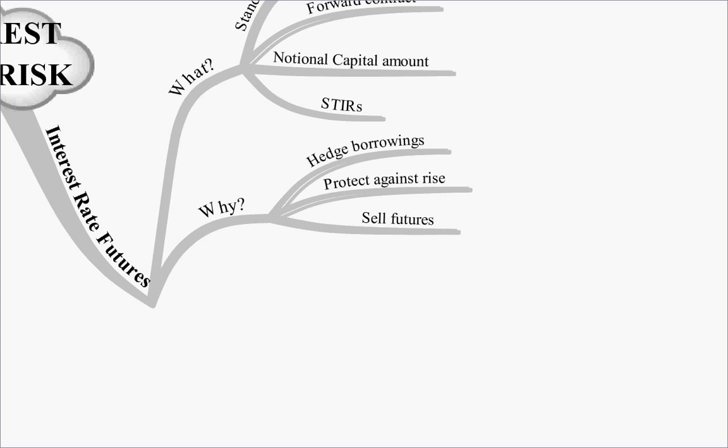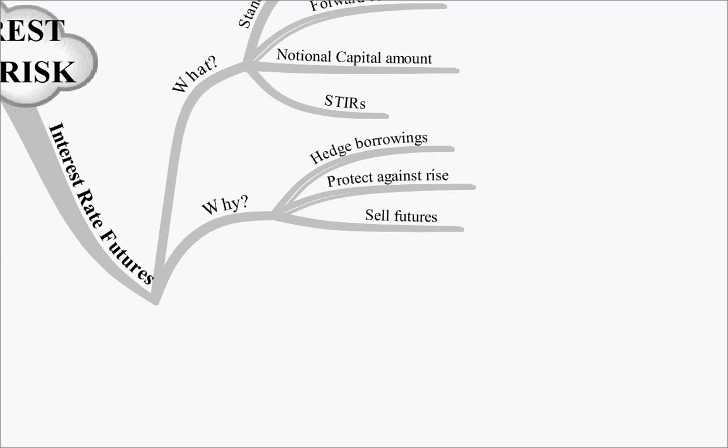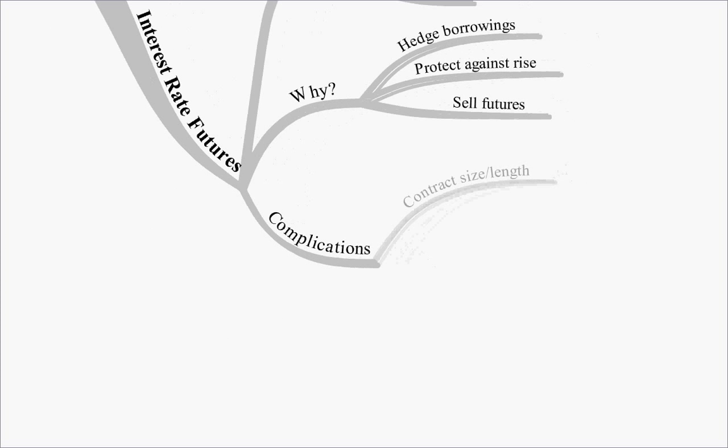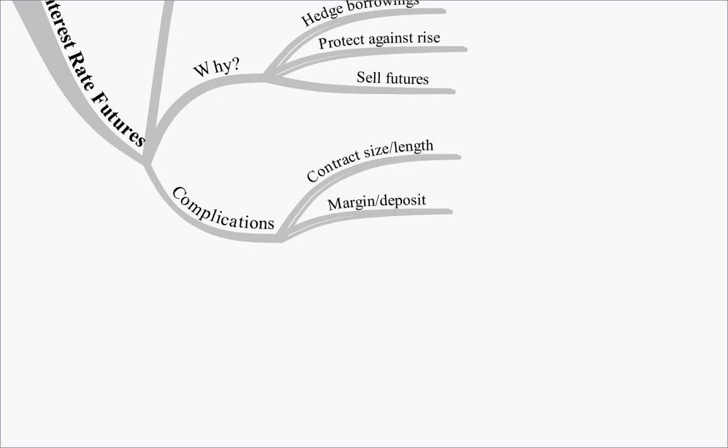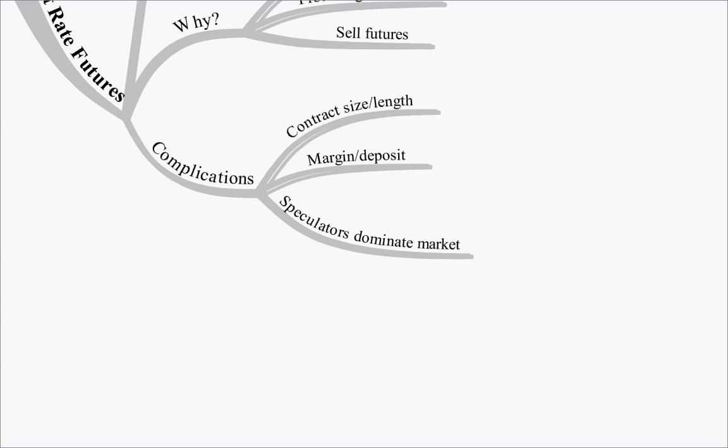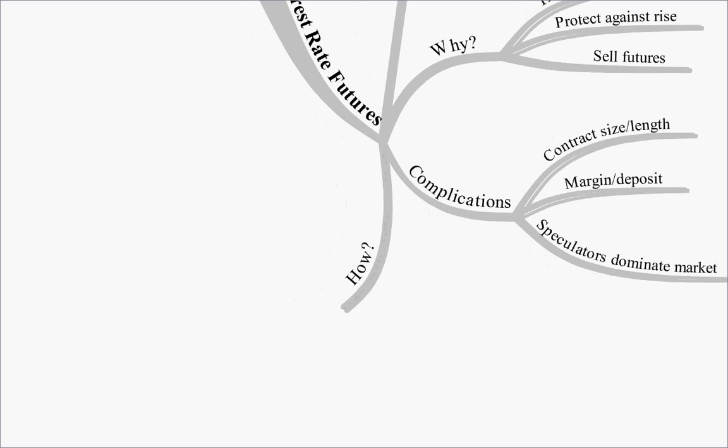Complications being, again, you're stuck with the contract size and the length of contract. You have to pay that margin and deposit, which means that you have to top it up if it moves against you. And speculators dominate the market, so it may move in unexpected ways.